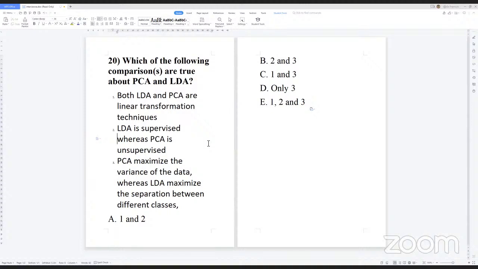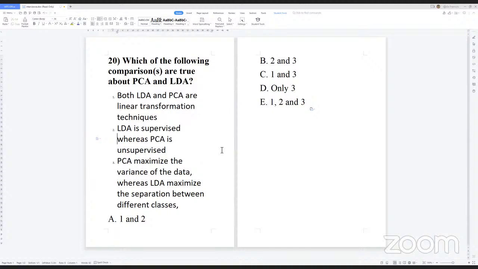Condition 2, LDA is supervised whereas PCA is unsupervised. Condition 3, PCA maximizes the variance of the data, whereas LDA maximizes the separation between different classes.